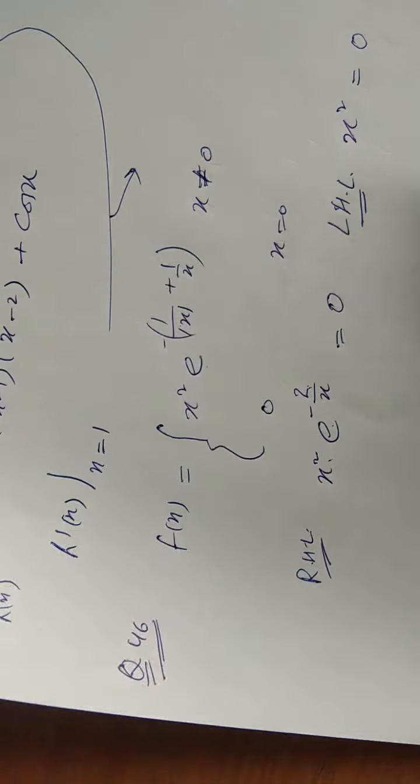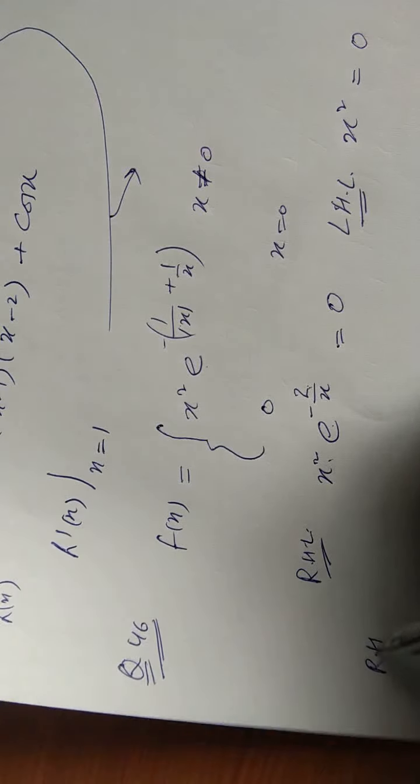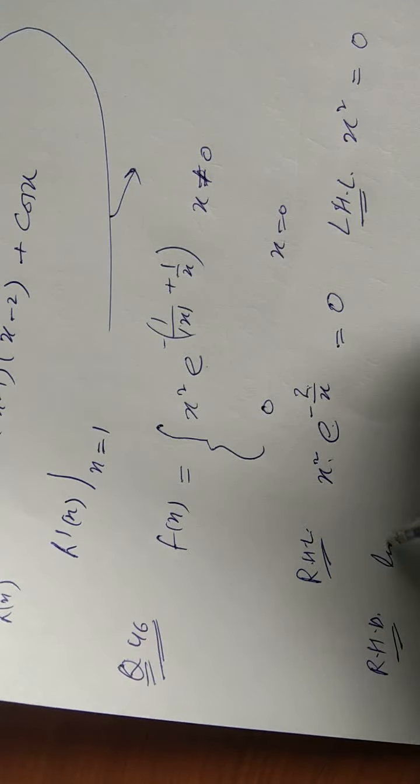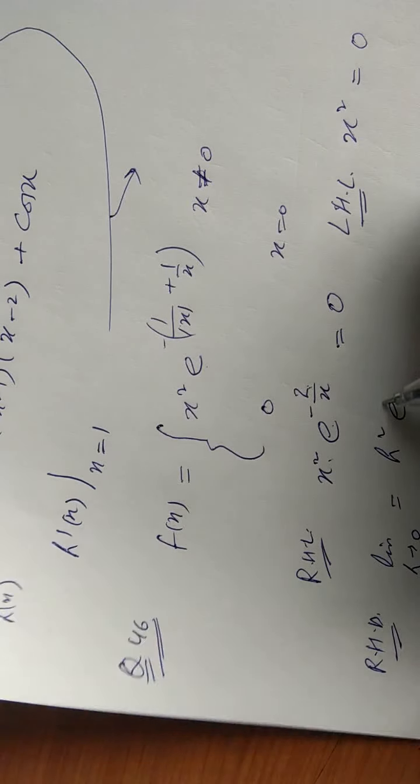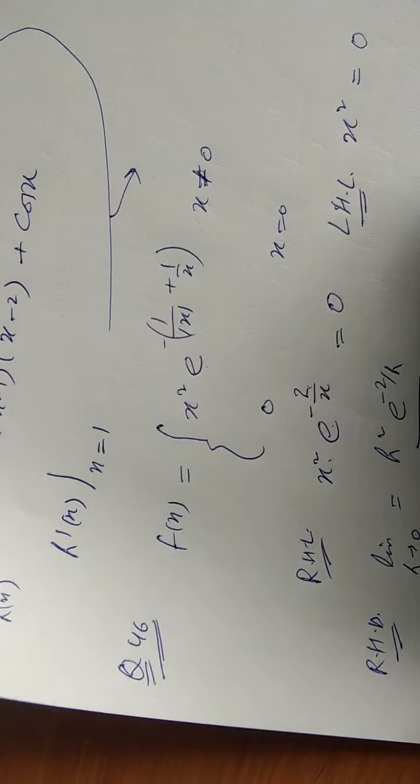Let's calculate RHD and LHD. So RHD would be limit h tends to 0 of h square e power minus 2 by h upon h, and when h tends to 0 this will tend to 0.